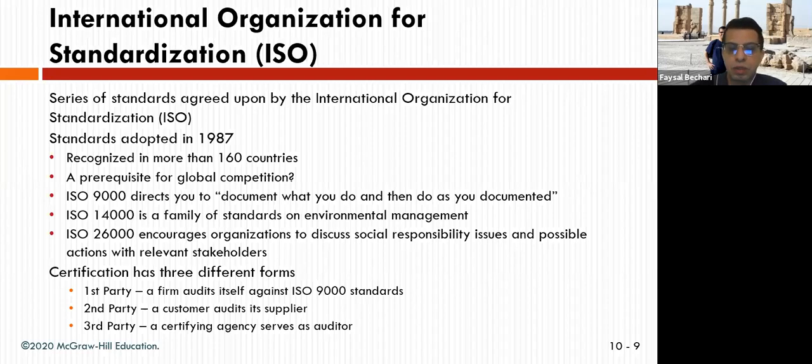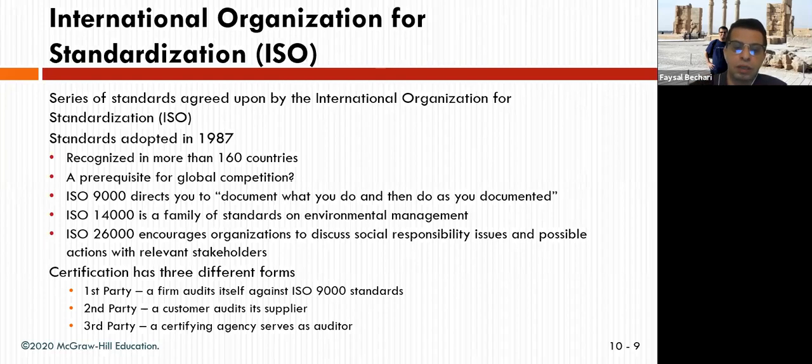And there is ISO 26000, which encourages the organization to discuss social responsibility issues and possible action with relevant stakeholders. Once again, in ISO 9000, you document what you do, and then you do as you document it. And this is the most famous one.